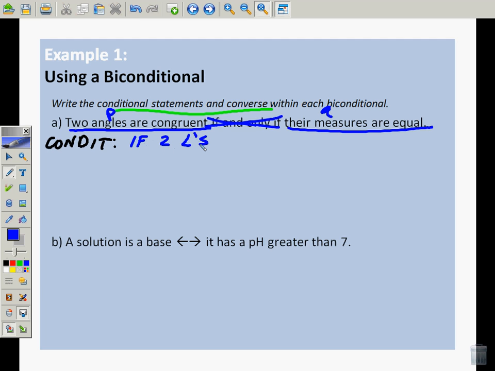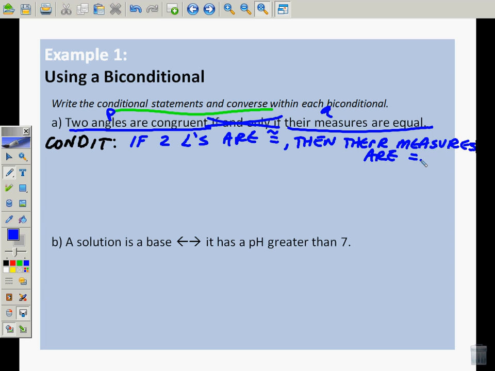If two angles are congruent, then their measures are equal. Okay? If two angles are congruent, their measures are equal.